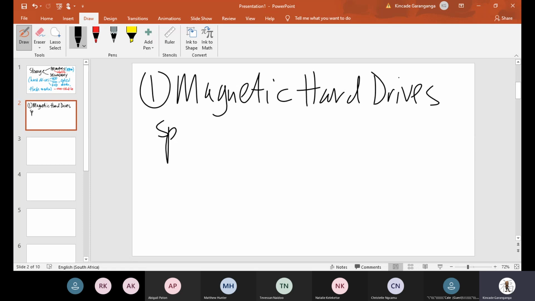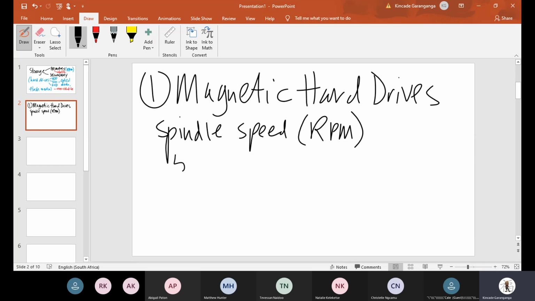Spindle speed is normally measured in what they call RPMs, and like we said before, that is short for revolutions per minute. The common speeds that you find as far as basic drives are concerned is about 5,400.